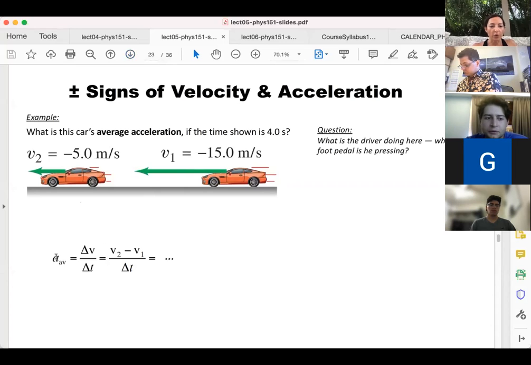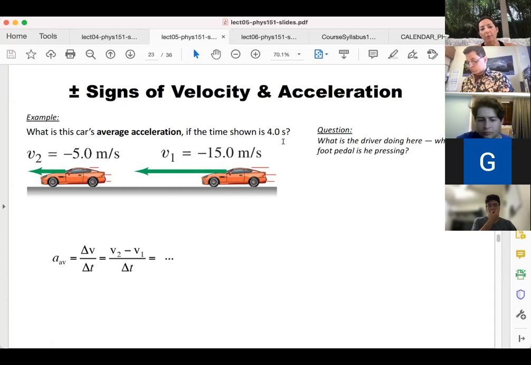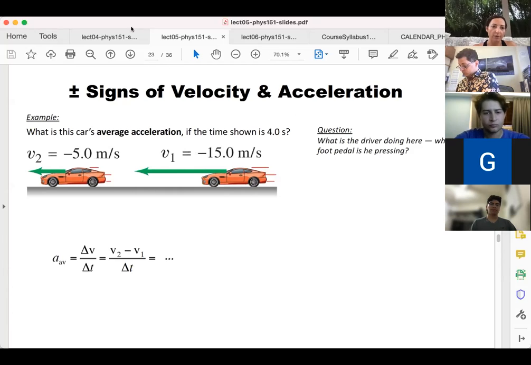So again, we calculate the average acceleration, delta V over delta T, which means V2 minus V1, divided by delta T. It says already here that delta T is 4 seconds. It doesn't say that we start from time 1 second to time 5 seconds. It just says the value of delta T, which is 4 seconds.